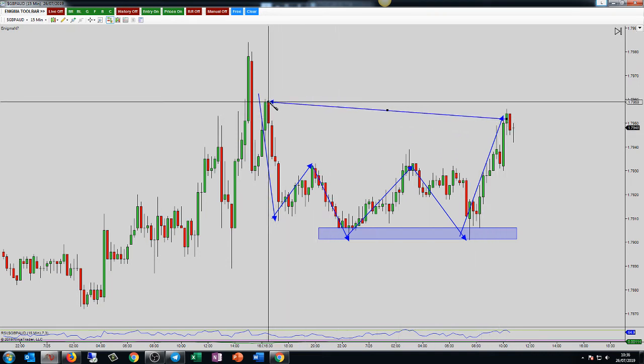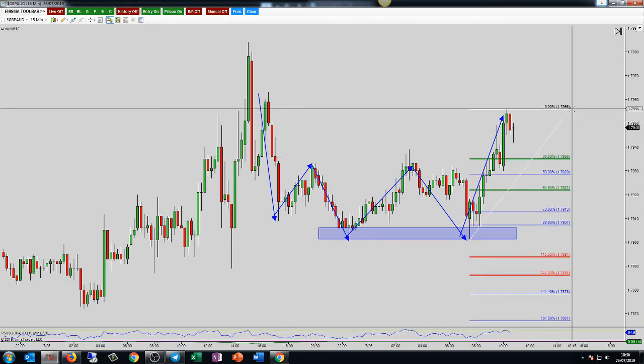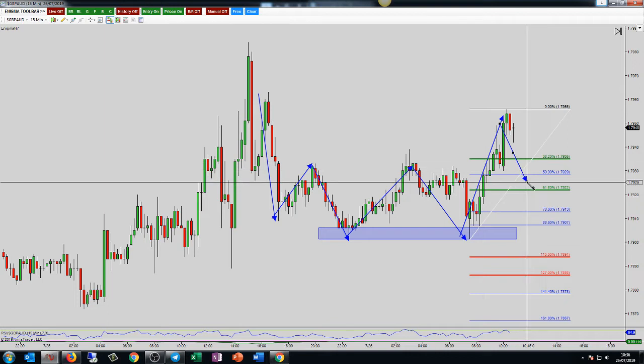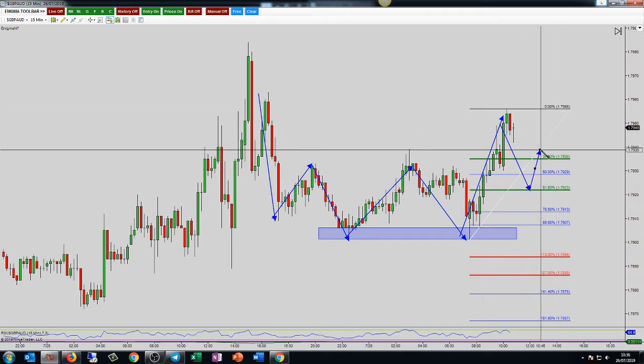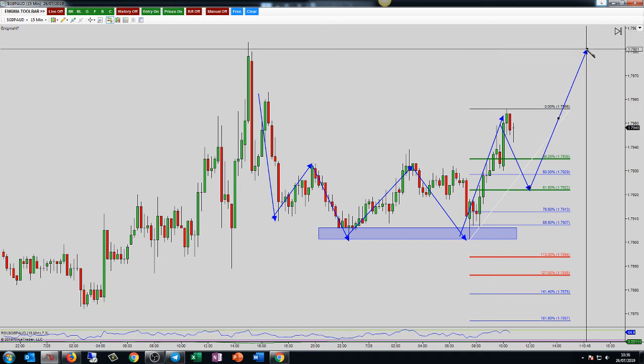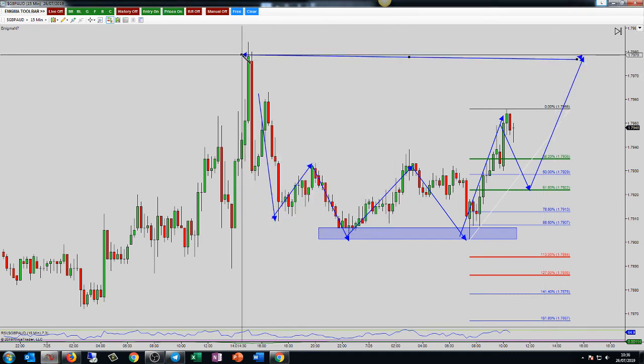Problem here is that we've almost come into the highs. But if it's still valid for you, look for a pullback into a 61.8 and look at getting long. You could even play for an extension here, maybe up to the highs at this level.